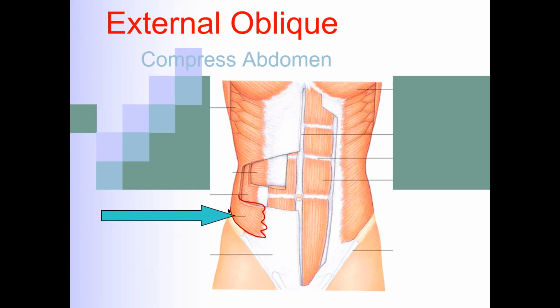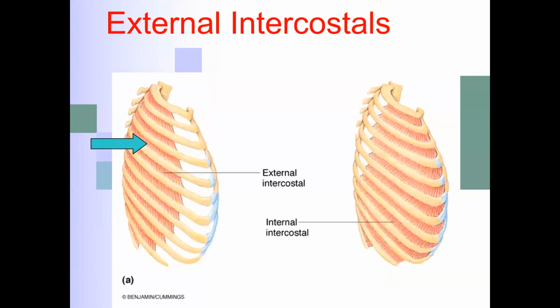Now, this muscle here, the external oblique, its main job is to compress the abdomen. So it's not there to help you bend over or do a crunch. It is there to squeeze down on the abdomen to increase pressure in the abdominal cavity, right? So that one is your external oblique, which makes up your 8-pack if you're into exercise, right?